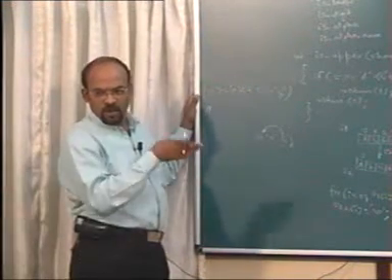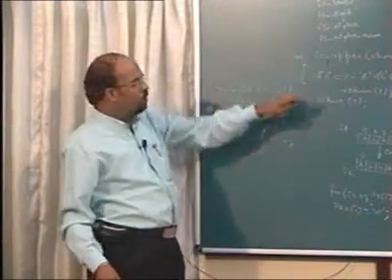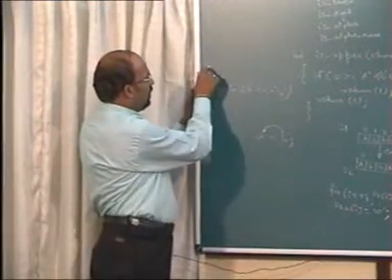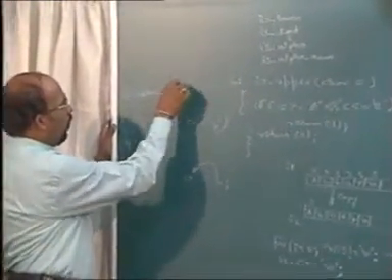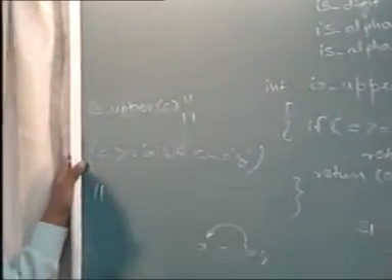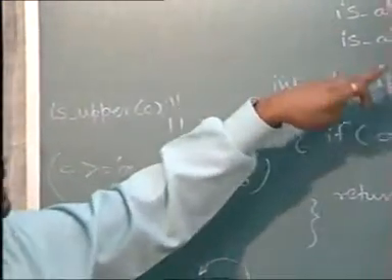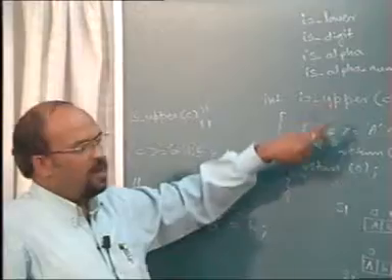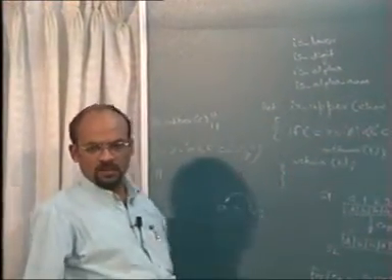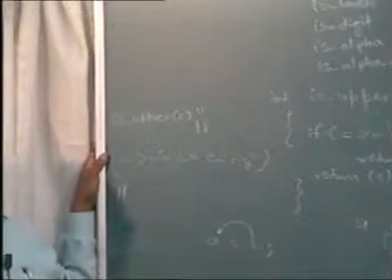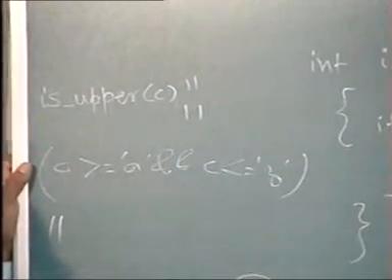Instead of writing all this, because we have written is lower and is upper, you can make use of it and say if is upper c or is lower c, return 1. Once you write is alphanumeric, you will say that if is alphabet c or is digit c, return 1. So it is like building the blocks. You start with the basic block, based on it you build the second one, third one, and so on.